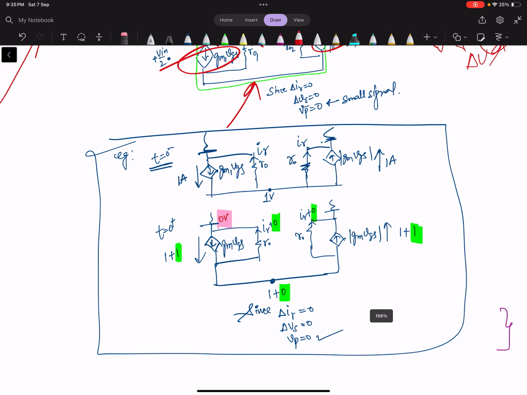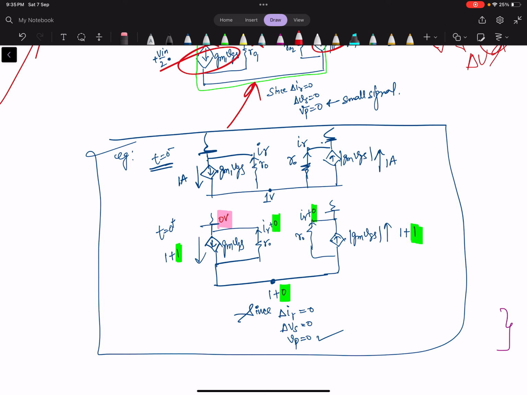Let's see an example. I just want to explain the virtual ground concept simply. Let's say it is 1 volt initially, and you have increased the current by 1 ampere, just for the example, and that current increase is taken by this branch, and this is 0 volt.